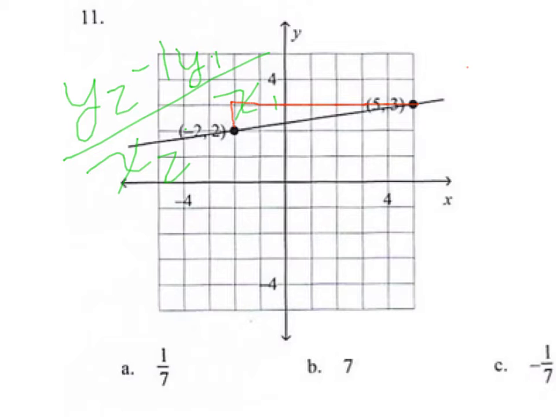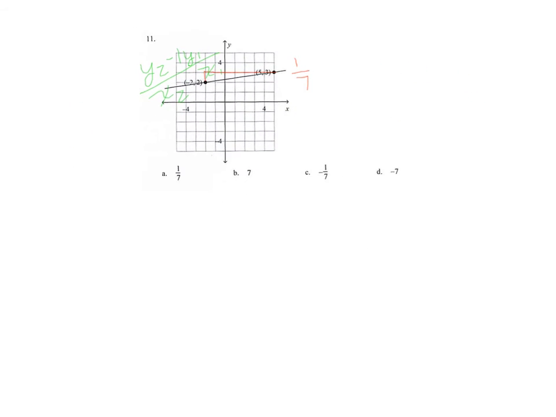So I have a rise of 1, a run of 7. So that would be A. That seems a lot easier.